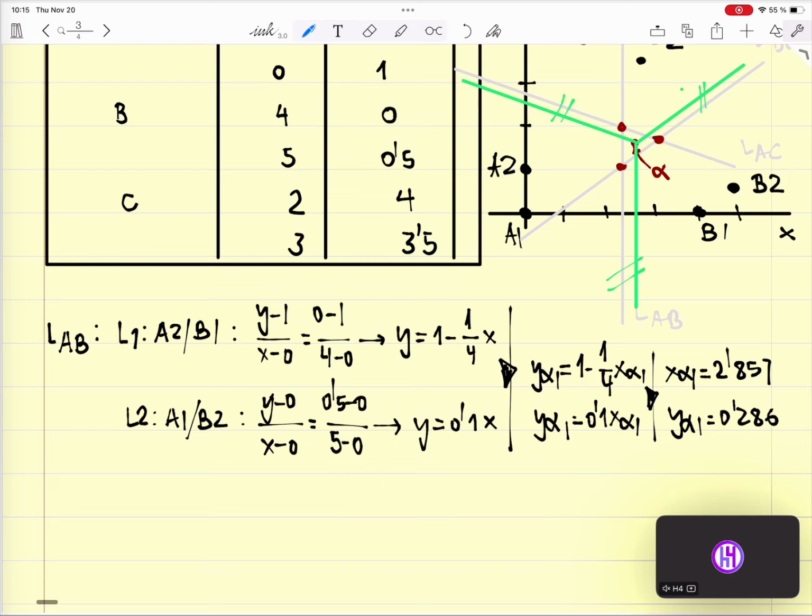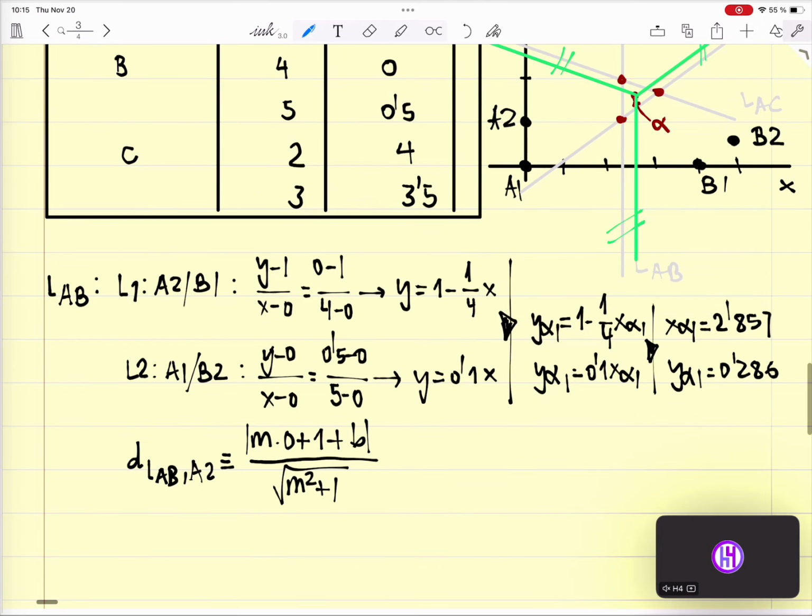If we look at the distances, the distance between this line LAB and the nearest point A2 is equal to (m times 0 plus 1 plus b) divided by the square root of m squared plus 1.